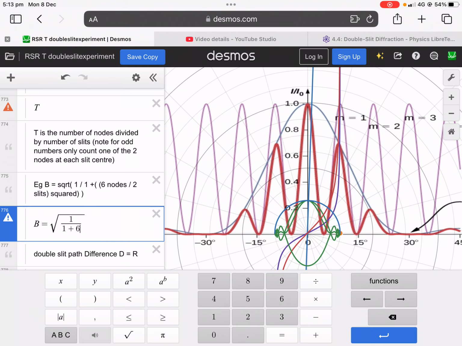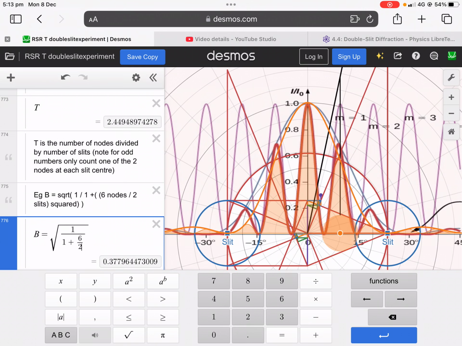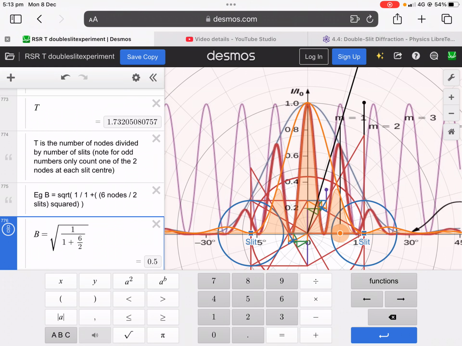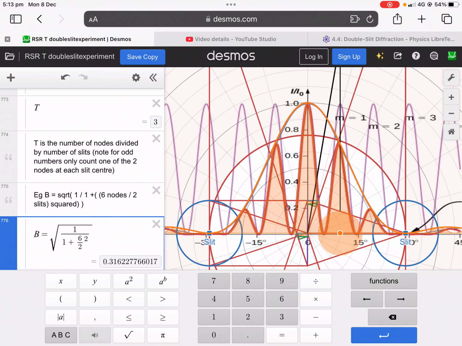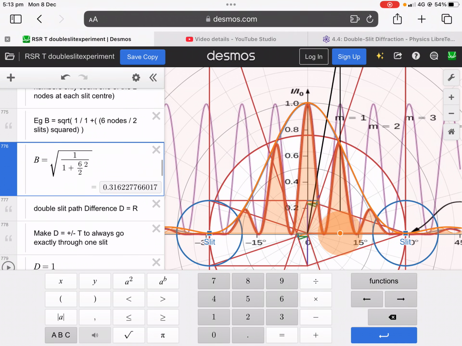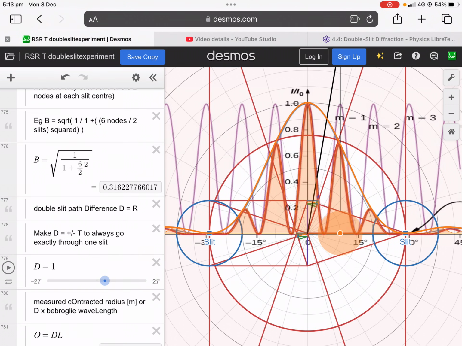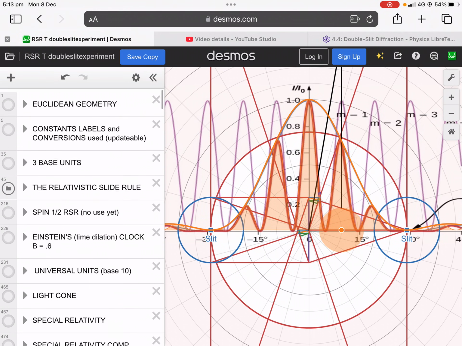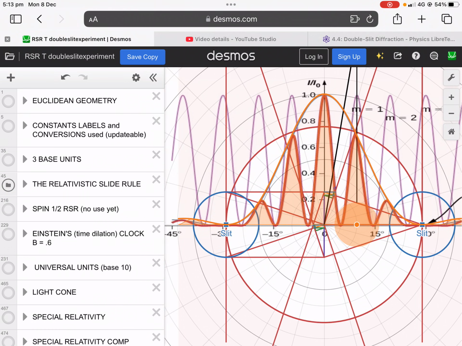There's 6 wavelengths between the slits, and 2 wavelengths within each slit, and that 6 over 2 is capital T, so capital T is 3. And notice that in this case m equals 3 happens to be completely squashed by the envelope. Okay, so now it fits.